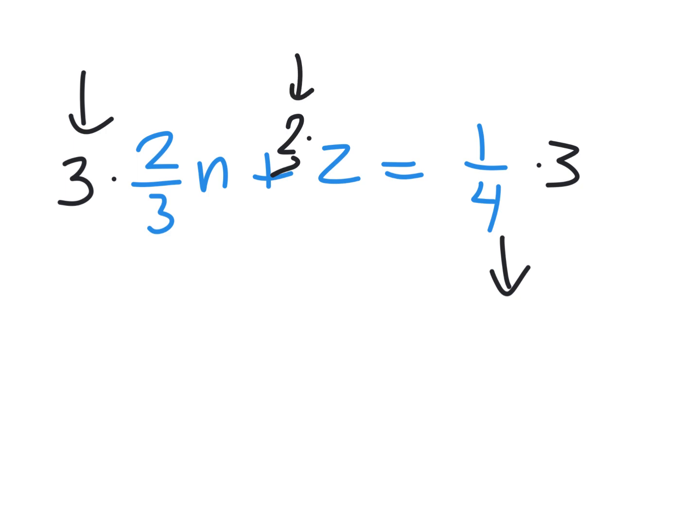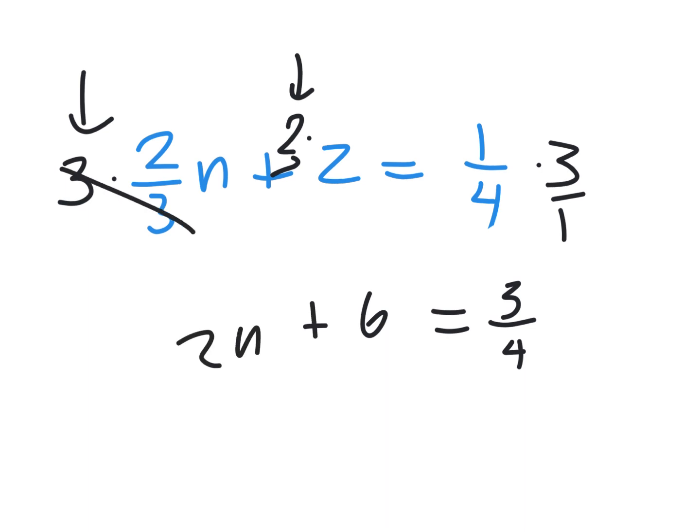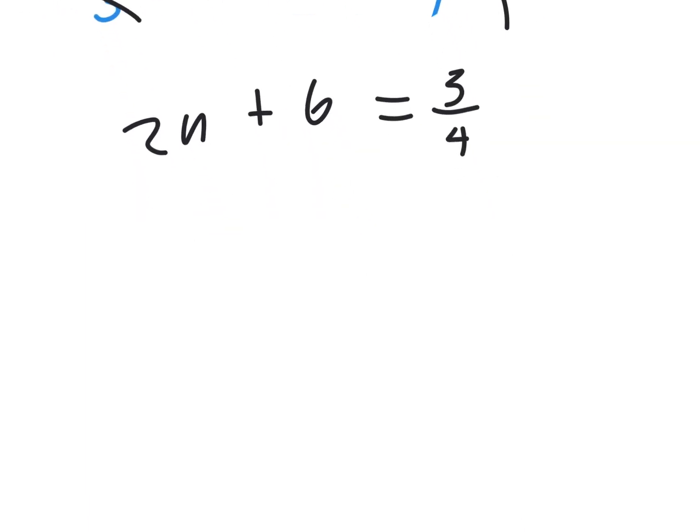See, that one has to be distributed to both terms. So then this is 3/4. You should know that that's really like 3 over 1, so the 3 only gets multiplied on top. And then it's still got a fraction in it, which is a pain in the butt.